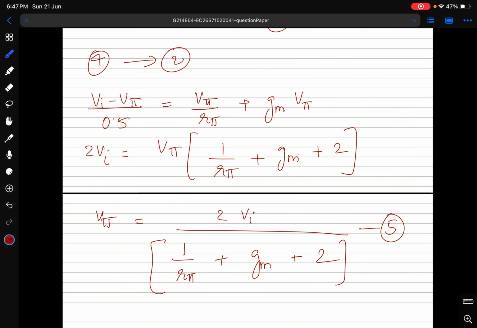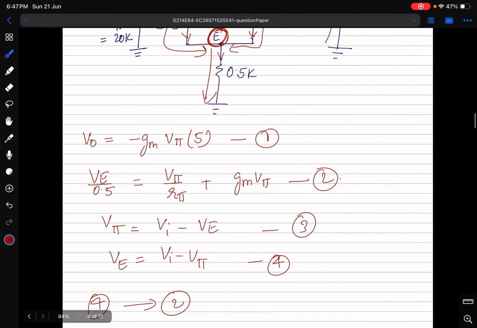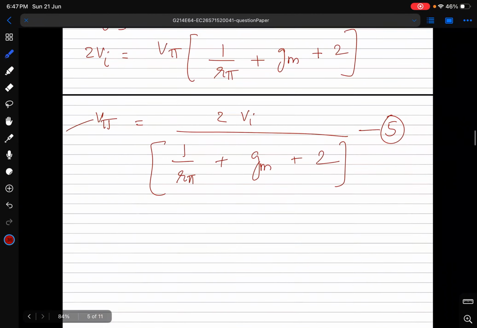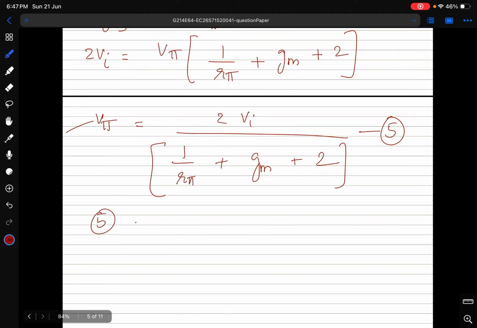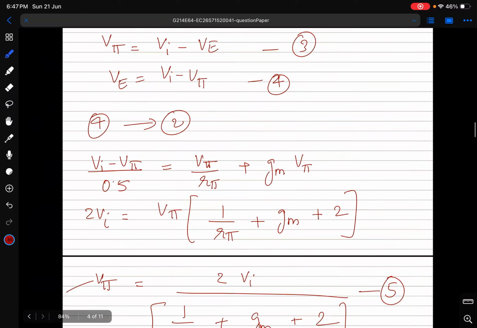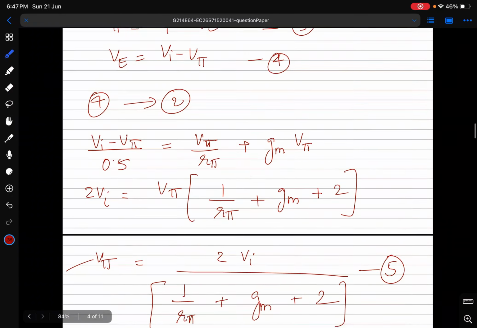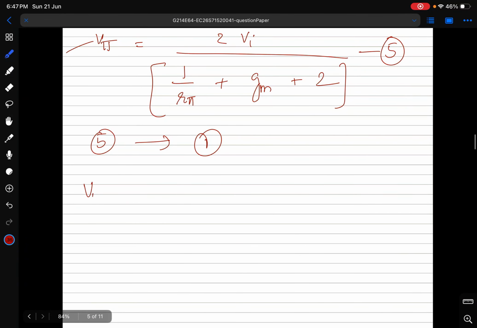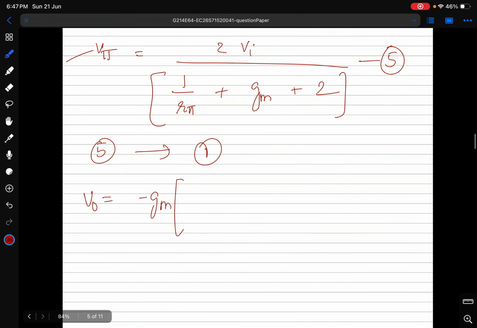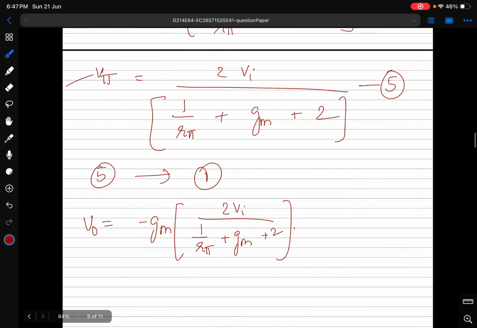So I substitute this value of V pi in the first equation. From fifth I will substitute in first. So V naught equals to negative Gm V pi times 5. V pi is 2Vi by 1 by R pi plus Gm plus 2, multiplied by 5.